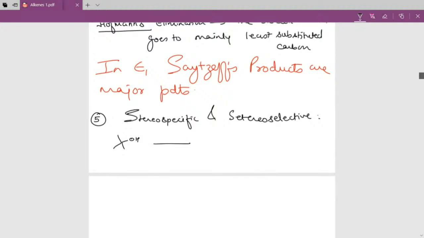Now, if I take this and its E1 reaction, no point of discussion because there is formation of only one alkene. There is no other. The word selective will come only into scene when there is a possibility of more than one type of products and the reaction shows dominance or liking towards one.